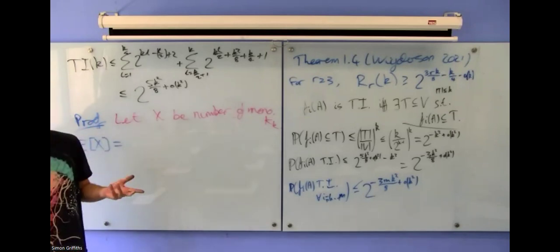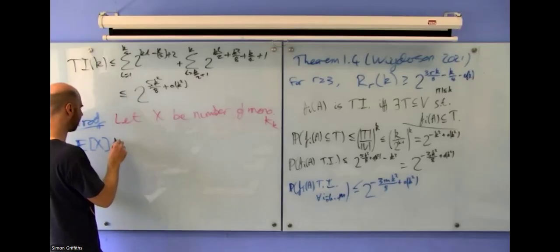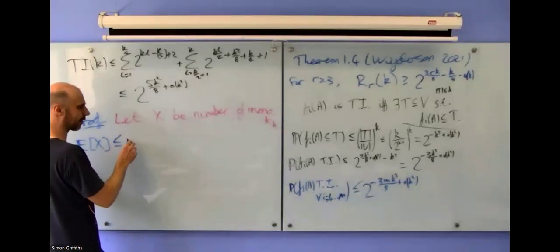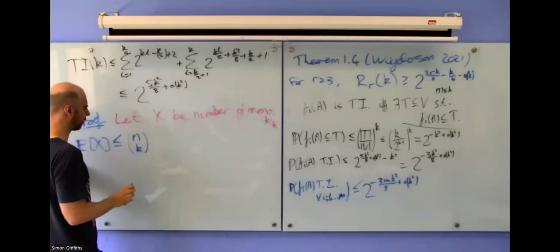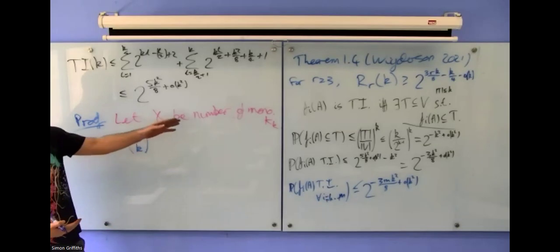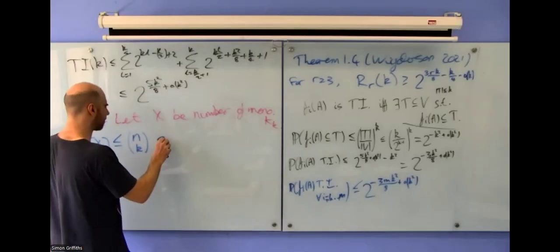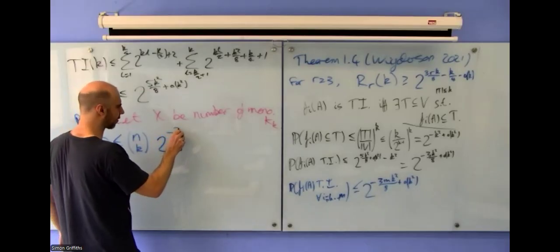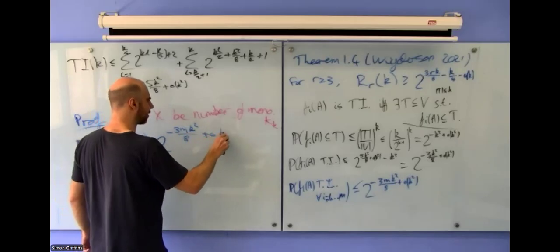So you do a union bound over the possible sets in A of size K. You've got n choose K for the choice of A. And then the probability that A really gives you a clique. Well, first, this needs to happen, which has probability at most 2 to the minus 3m K squared over 8 plus low K squared.